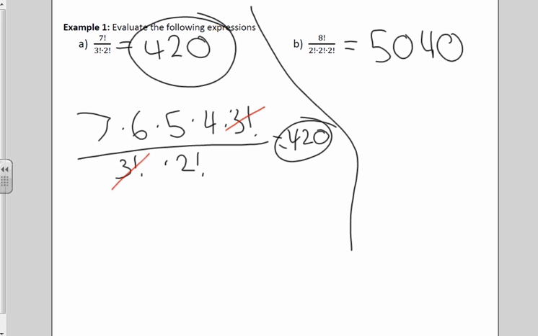So if we had 3 identical objects, right? Then it would be 3 factorial, because there would be 6 different ways that you could arrange those 3 identical objects. Sorry?